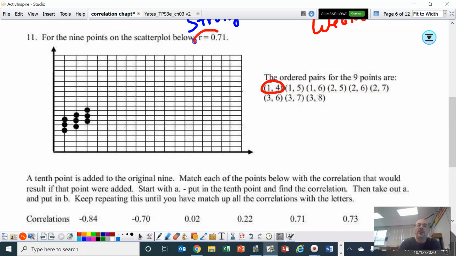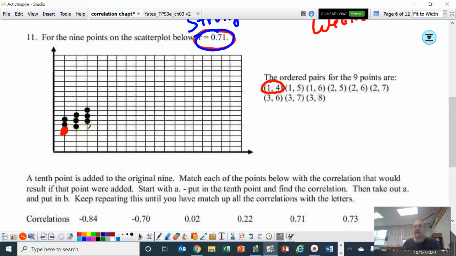Now the correlation of the 9 dots that are on the screen is 0.71. Okay, that's a strong relationship. Now, if I add in the 1, 4, so over 1, up 4, 1, 2, 3, 4, that dot would be right there. So that means there would be 2 dots of 1, 4.